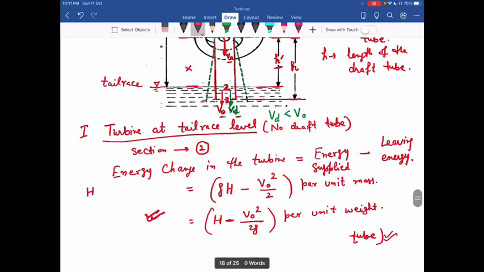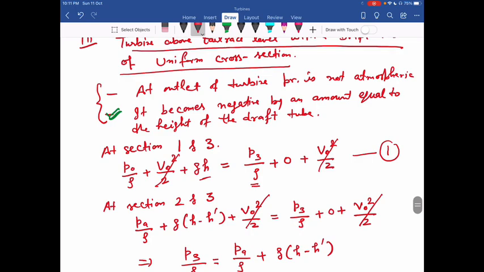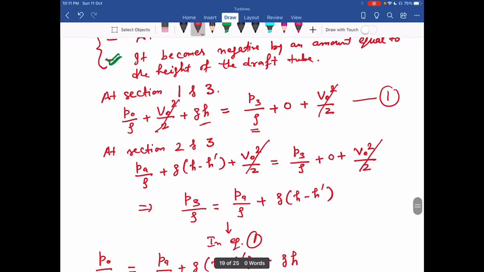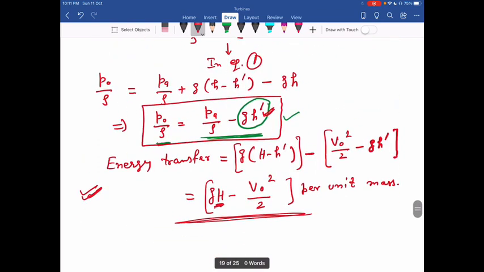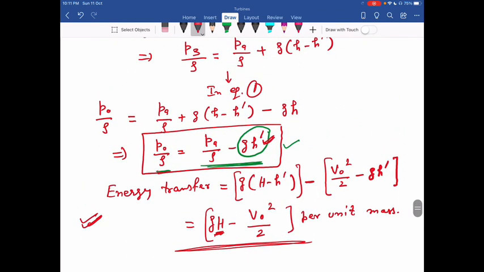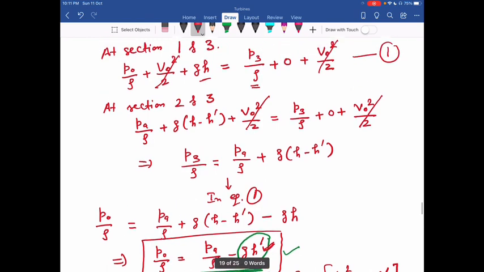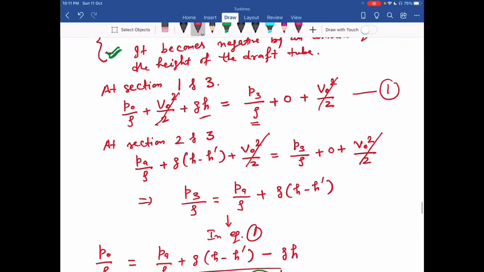Now you see how much the pressure becomes less than atmospheric. Here I apply Bernoulli's equation at section 1 and section 3.